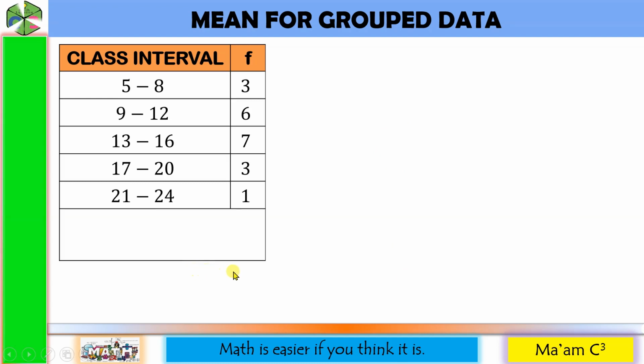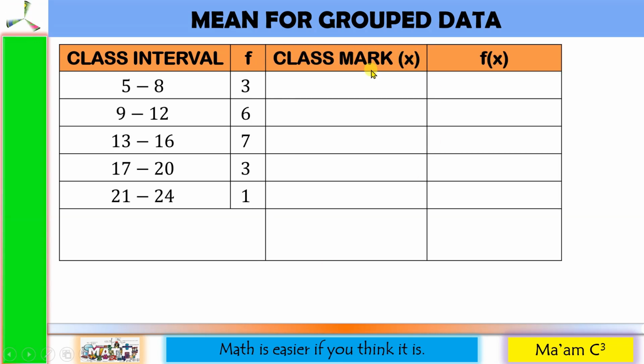For the mean, we are going to need additional 2 columns. Those are for the class mark, denoted with the small letter x, and f times x as the product of the frequency and the midpoint. Let us solve first for the class mark. This is just the midpoint of each class. So 5 plus 8 is equal to 13.